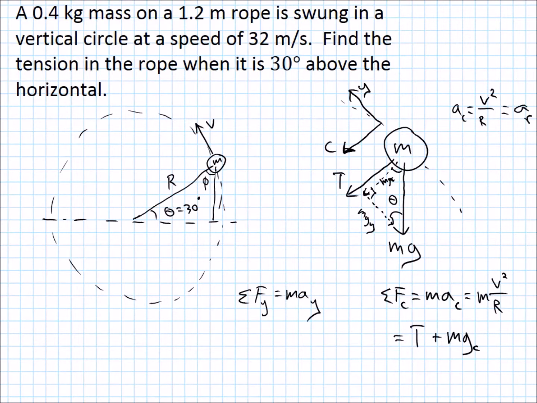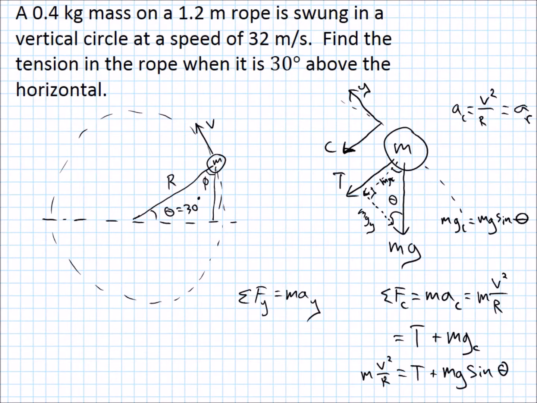And you can confirm that for yourself. What that means for us is that mg_c is going to equal mg sine of theta, using right triangle trigonometry.